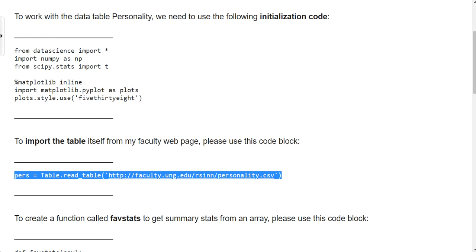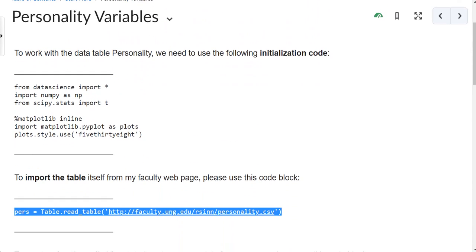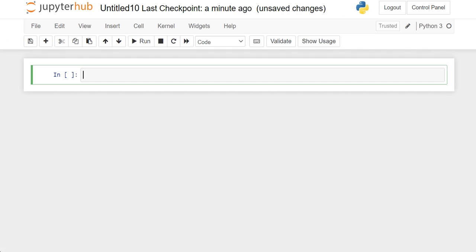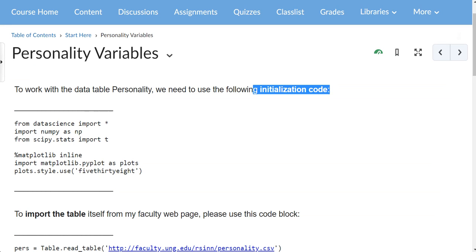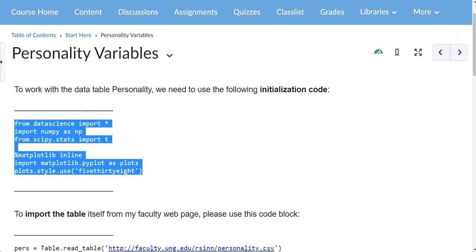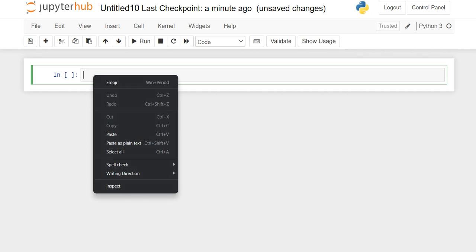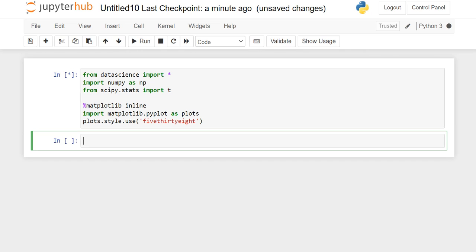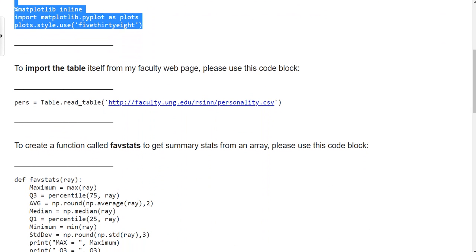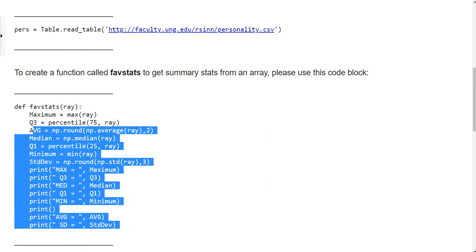Okay, so I'm going to leave this tab open on the personality variables, and I have this tab open for a new notebook. And so the first thing I'm going to do, right, is we have initialization code. So I'm going to take it and I'm going to copy, and then I'm going to paste and Shift Enter. Okay, so now my new notebook has the proper initialization code. I'm going to pause for just a second on this.